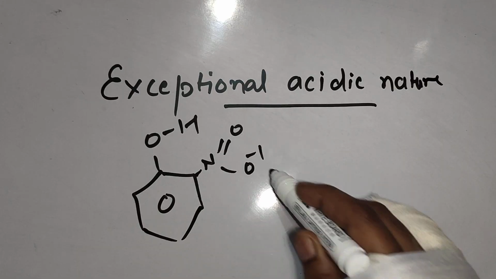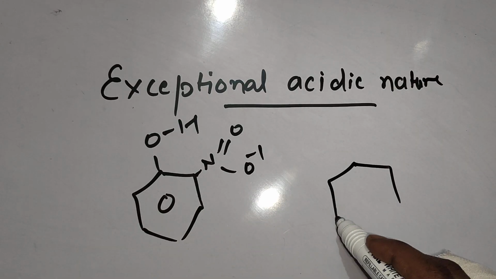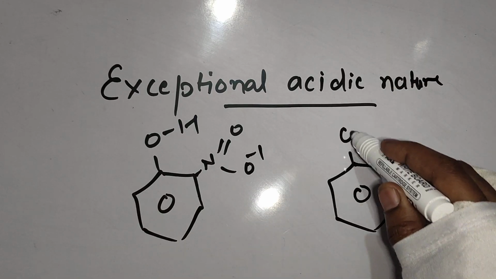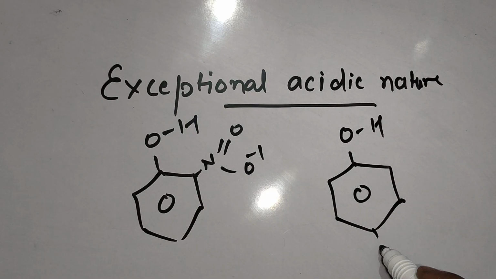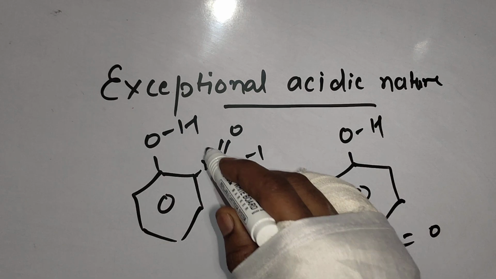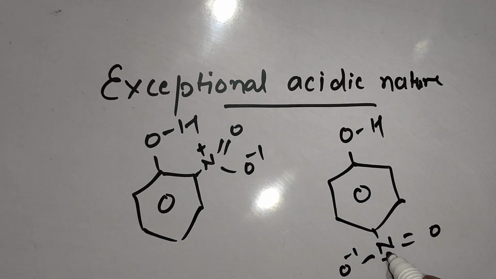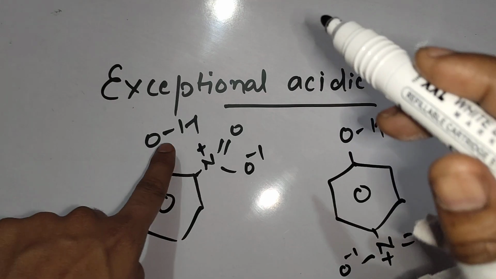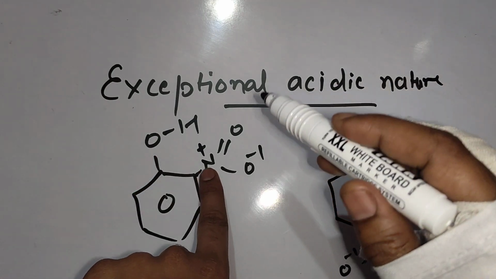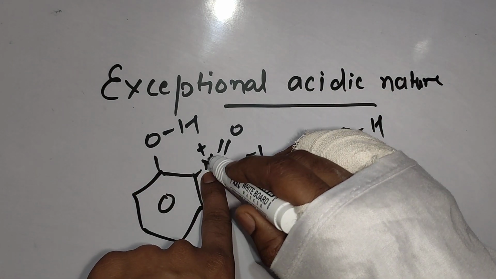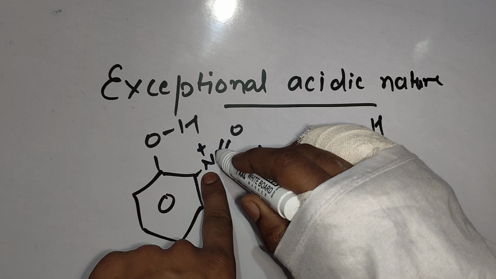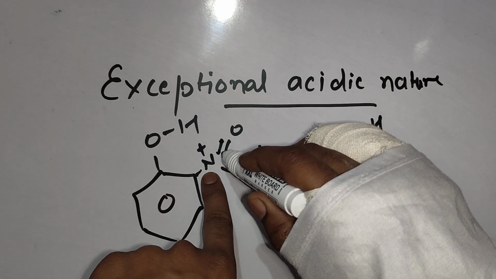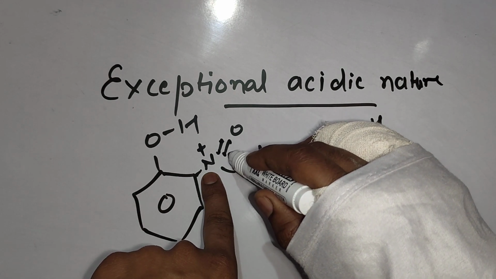This is ortho-nitrophenol. And this is para-nitrophenol. Nitrogen carries plus one charge. Now the problem is, in ortho-nitrophenol you can check oxygen is there. Oxygen is more electronegative than nitrogen, so obviously these electrons are toward the oxygen side.